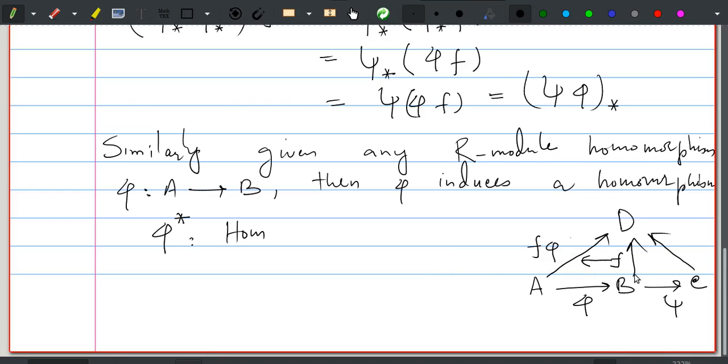So this phi induces a map from Hom(B, D) to Hom(A, D).